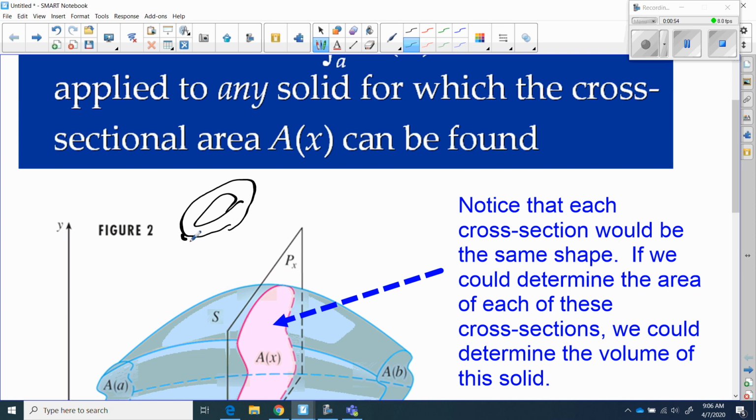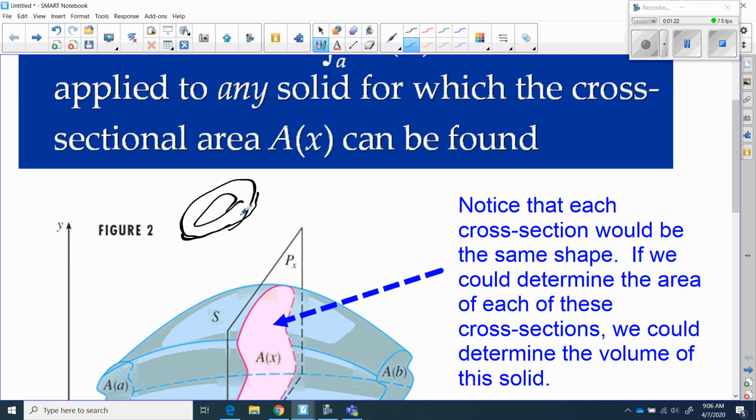They were so thick. We'd stack a bunch of those washers on top of each other and basically sum the areas, because when you did the volume, it was the area of this piece times the thickness, and the thickness was always just dx or dy. So it was basically area of the face times the thickness, and then we summed them between our start and our end. So this is the exact same thing.